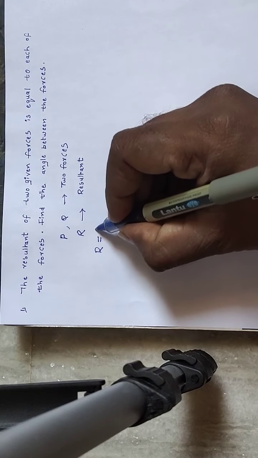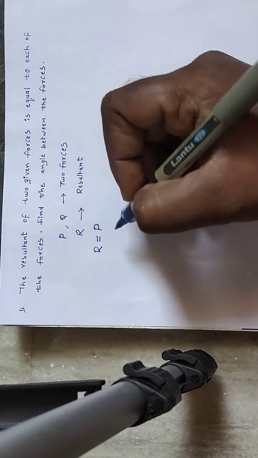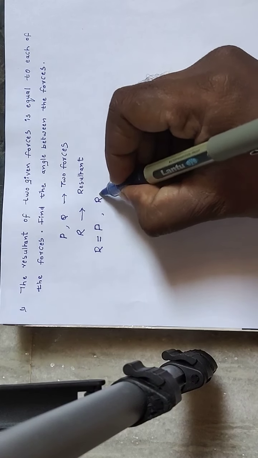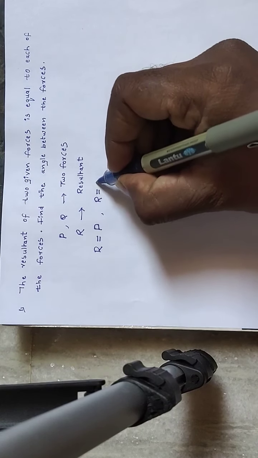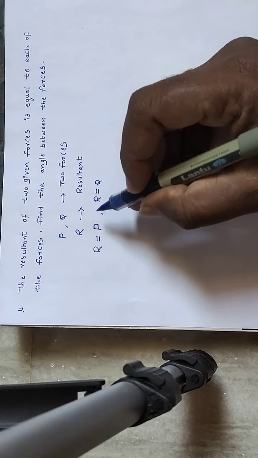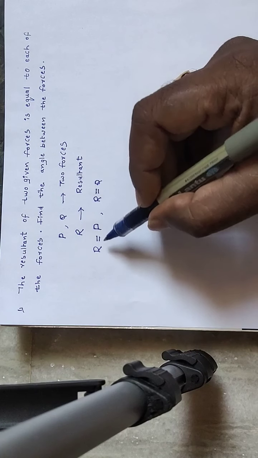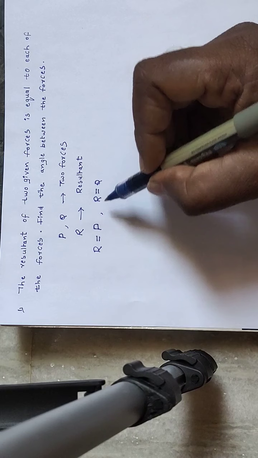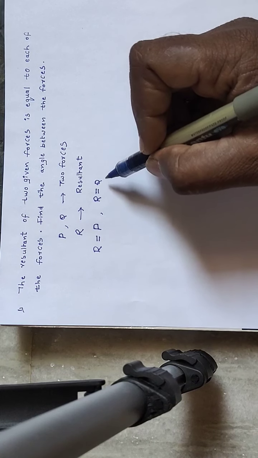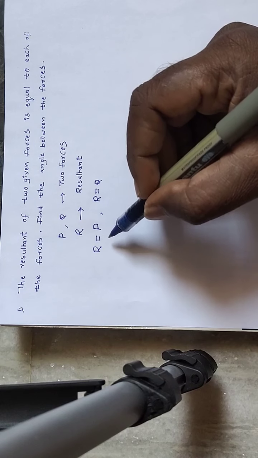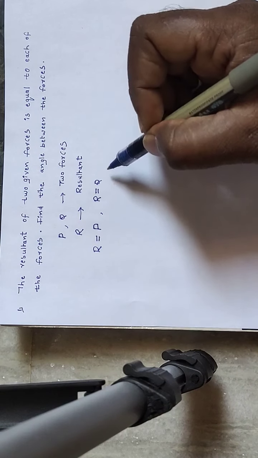So R is going to equal P, or resultant R is going to equal Q. So R equal to P and R equal to Q.